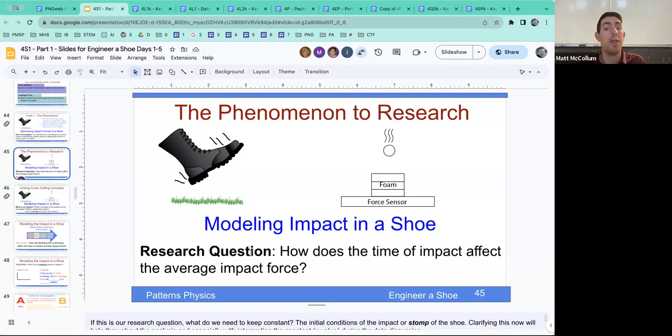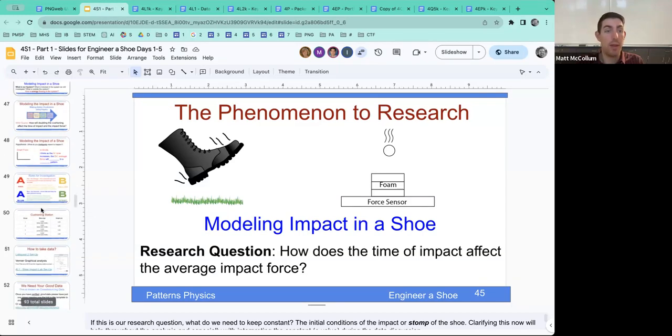And so in this lab, students are modeling the impact of a shoe by using a mass. We've gone to using water bottles rather than like metal masses, foam, and a force sensor. So the foam represents the cushioning, and the force sensor is picking up the force that it's hitting with.